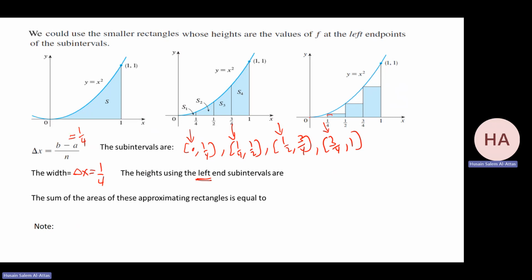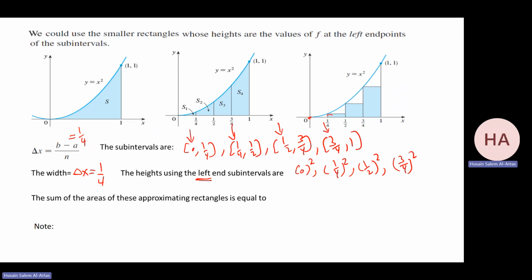The first one I'm using is 0. There is no rectangle, so I have 0 squared. These are the heights. Second one, only 1/4 squared. Third one, 1/2 squared. Fourth one, 3/4 squared.